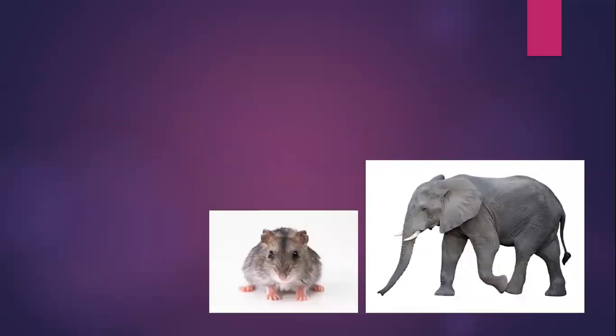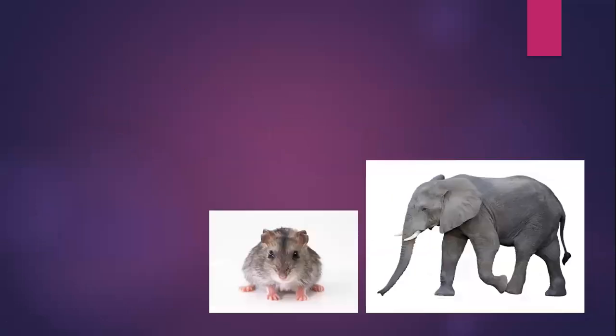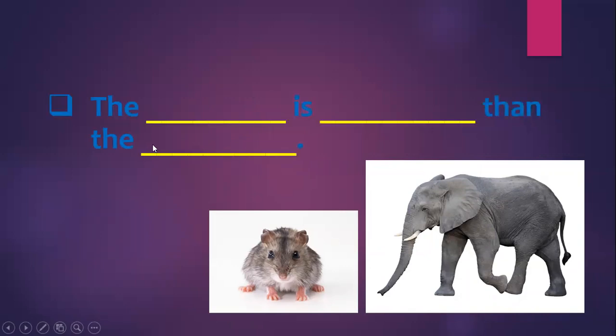One more time, here we have the same animals. Look here, the mouse and the elephant. So how will our sentence be here? The elephant... Hold on, miss. It's incorrect. The mouse, because it's first. That's right, I'm sorry.